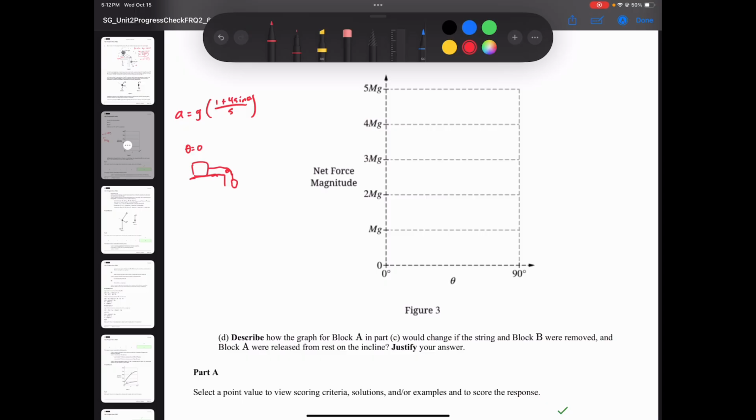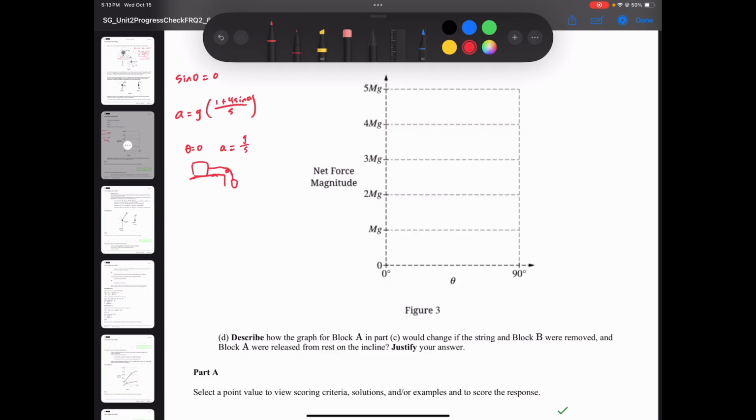The sine of 0 is 0, so when theta equals 0, the acceleration is just g over 5.